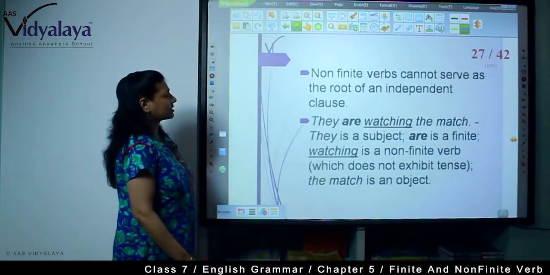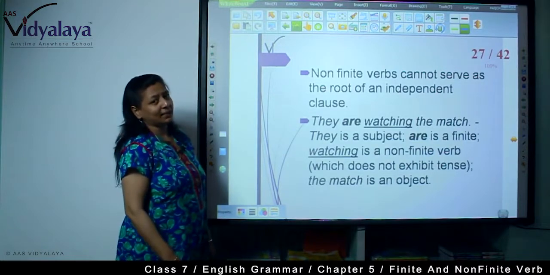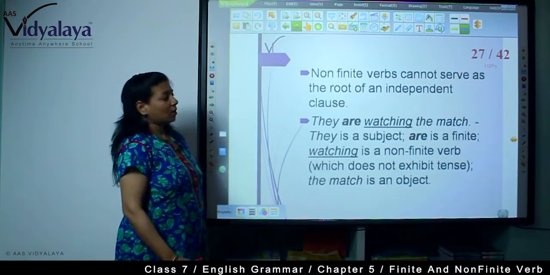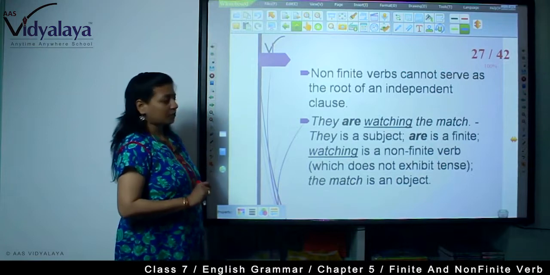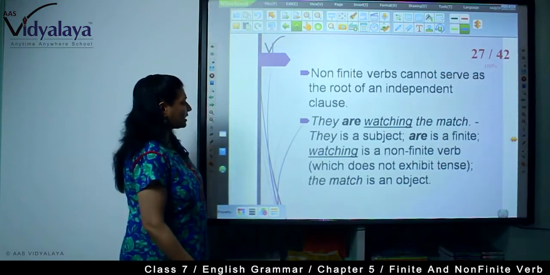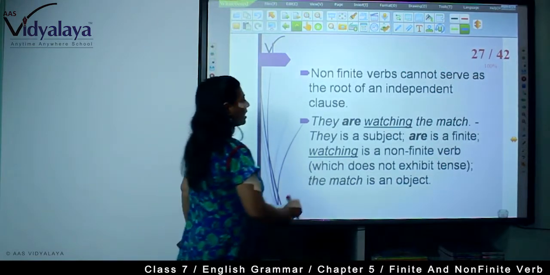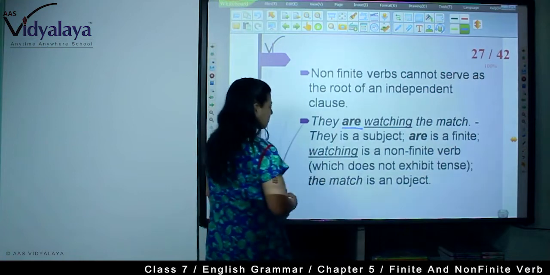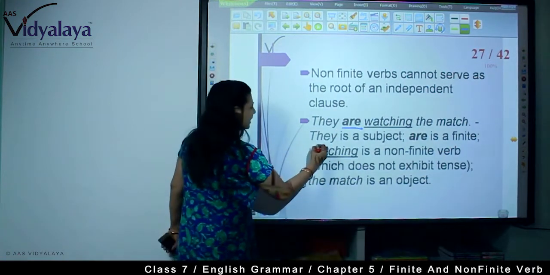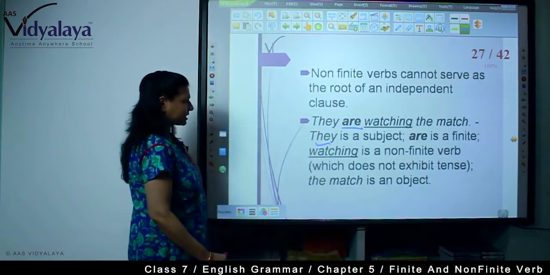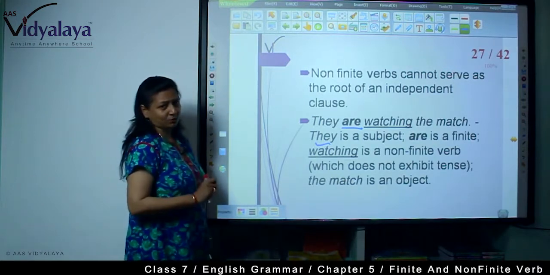Non-finite verbs cannot serve as the root of an independent clause. They are always in a dependent clause, right? They are watching the match. There is a subject. Are is finite. Okay? Watching is a non-finite verb which does not exhibit tense. The match is an object.